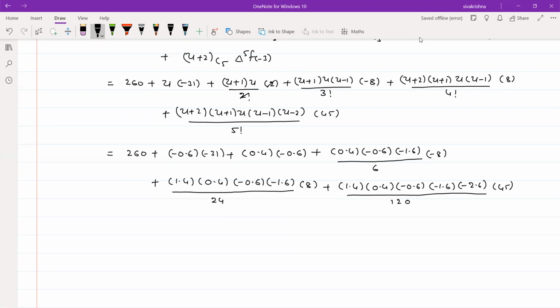I have substituted all the values in the formula, and after simplification we get f of 32 approximately equal to 276.99104. Okay, so this is the value of f of 32 by Gauss backward interpolation formula.